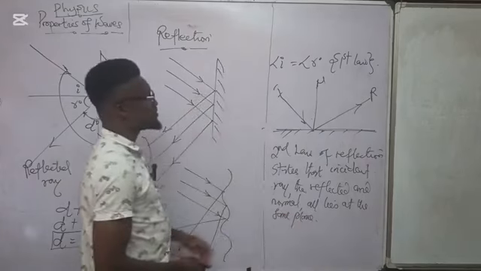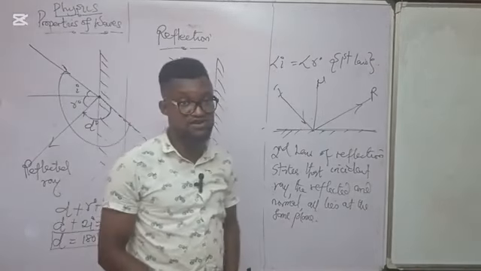So that gives what? The second law. This is the first law: the angle of incidence is equal to angle of reflection.